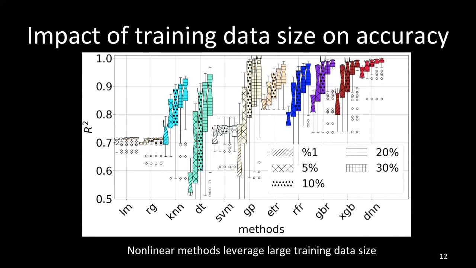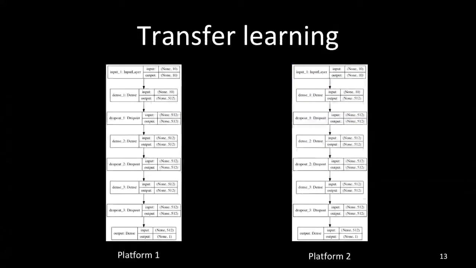Whereas these methods, let's say random forest, gradient boosting, extreme boosting methods, and deep learning, already have the capability to learn the nonlinearity. So that's why their performances are higher. And in fact, these methods leverage the increase in the training data and increase the accuracy. So here we do see that nonlinear methods leverage larger training data and increase the accuracy.